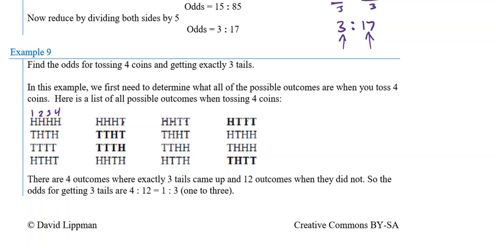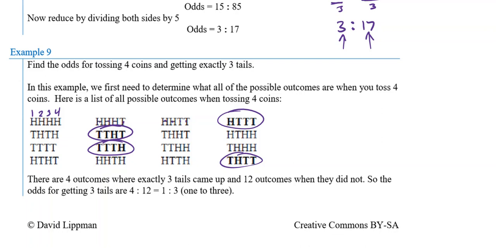So it said find the odds of tossing 4 coins and getting exactly 3 tails. That would be one of the possibilities. The other one would look like this: tails, tails, heads, tails. The other one would be tails, tails, tails, heads. And the other one would be tails, heads, tails, tails. So you just write them all out. This is also a sample space.